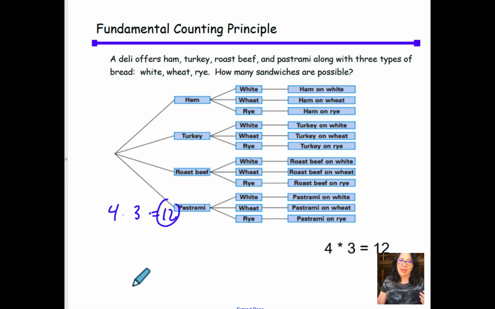So this is saying we've got 4 meats here, and then we have 3 breads, and they didn't put anything else in that, so no cheese. But that's just 4 times 3, which gives you 12 options. So the more condiments that you add, obviously, the more options that you're going to have at the end to have a selection.